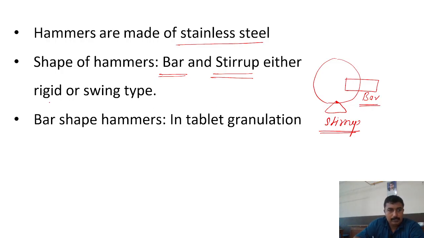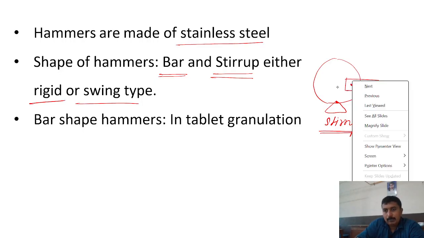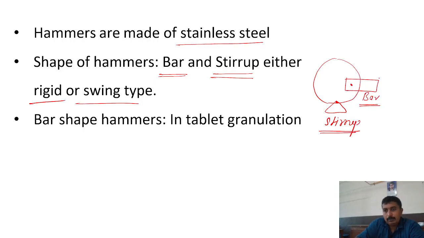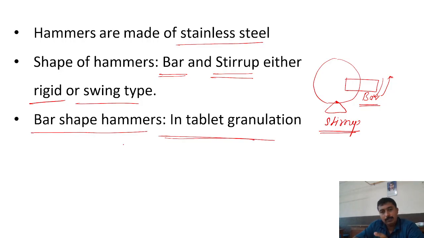Then either rigid or swing, as discussed: either the hammer is at a fixed position, or it can swing like this. The bar shape hammers are specially used in dry granulation, the preparation of granules for tablets by the dry granulation technique.